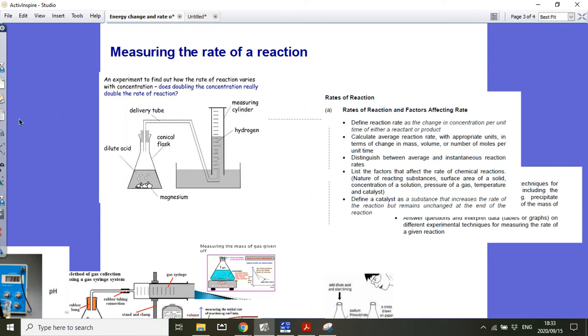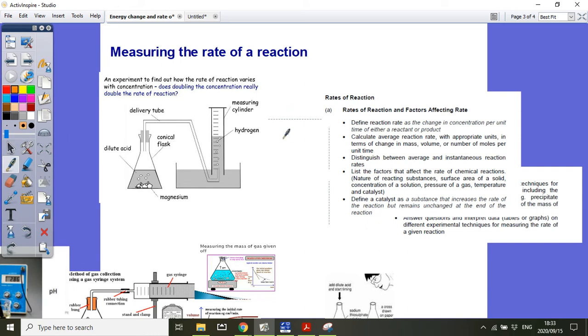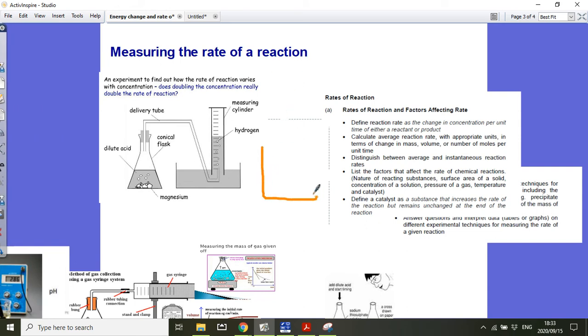So if we look at the gas formed there, and I draw a quick graph. So it's going to be the volume of gas over time. And I draw a graph. So gas is going to form, and then it's going to stop forming. So when this line levels out here is when the reaction has actually stopped, and I have used up my limiting reagent. Please remember that quantitative can be anywhere.